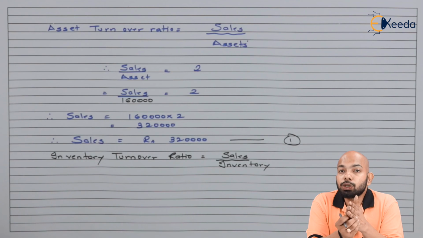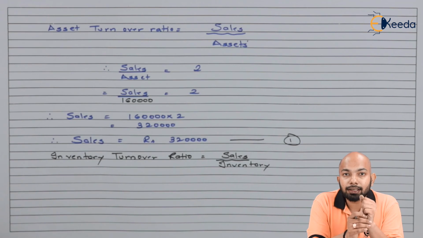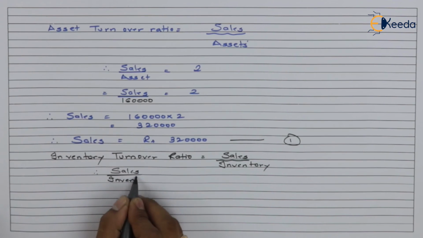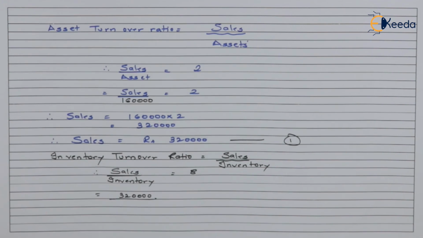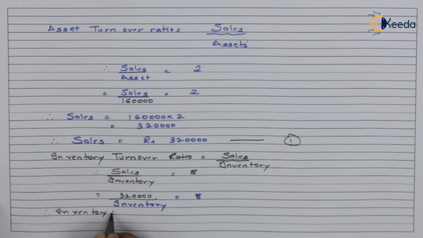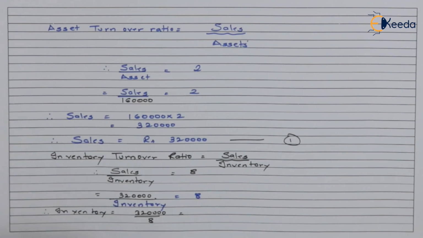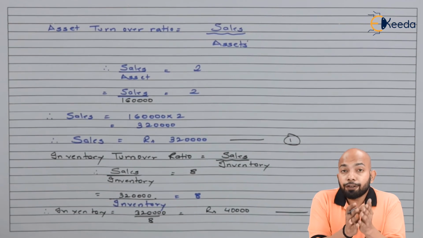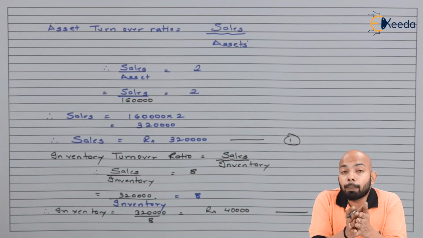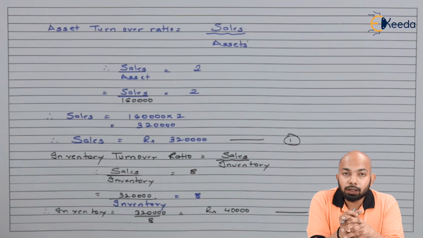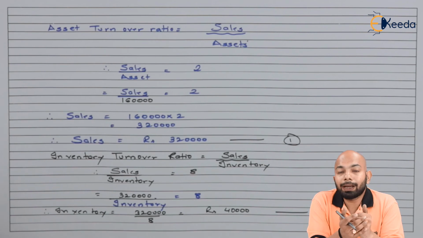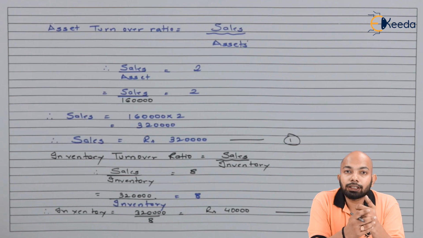The ratio is telling us that it equals 8 times. So we figured out the inventory as well, which amounts to rupees 40,000. That is 3,20,000 divided by 8, which gives you 40,000.